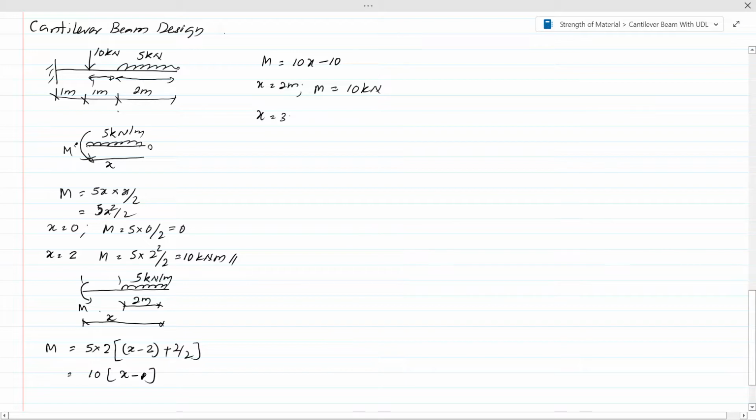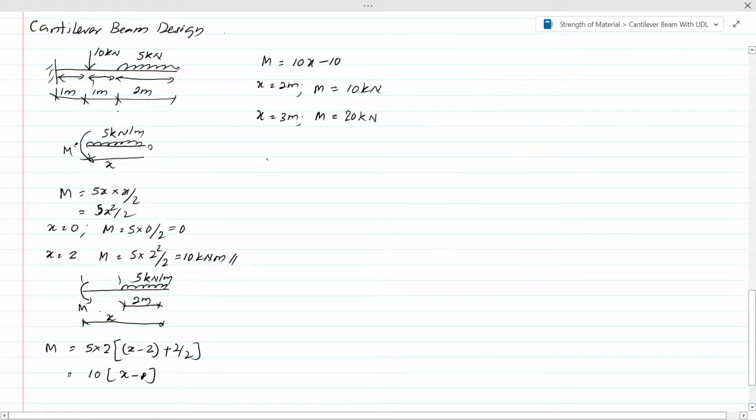When x equals 3 meters, that is where the point load is applied, 10 into 3 is 30, 30 minus 10, that will become 20. So now we know the bending moment at the end of the UDL and at this point load.